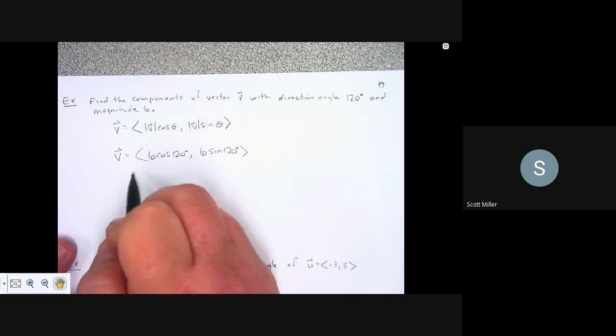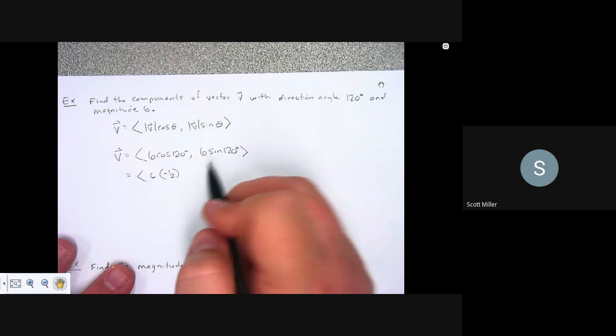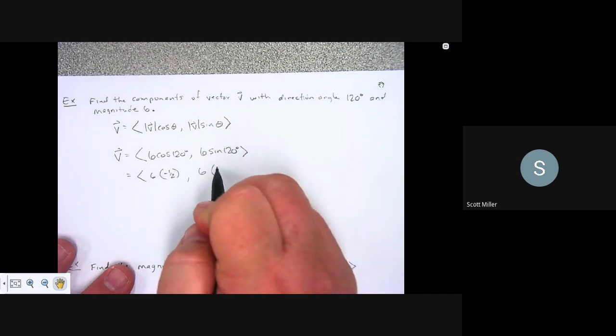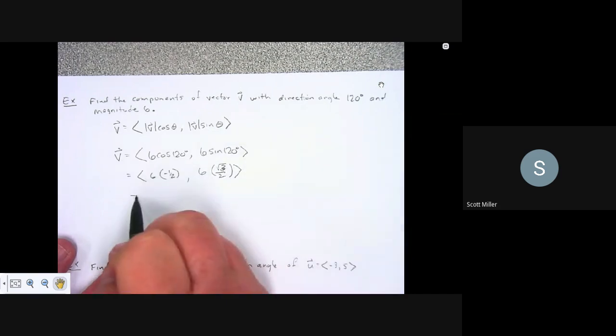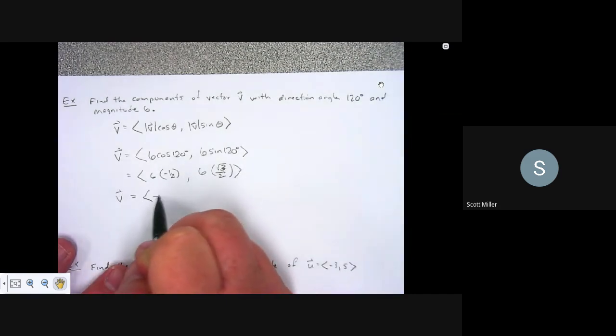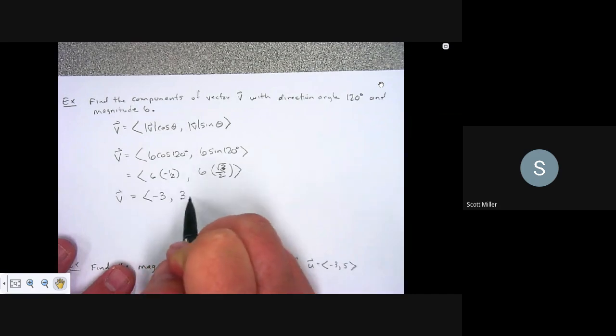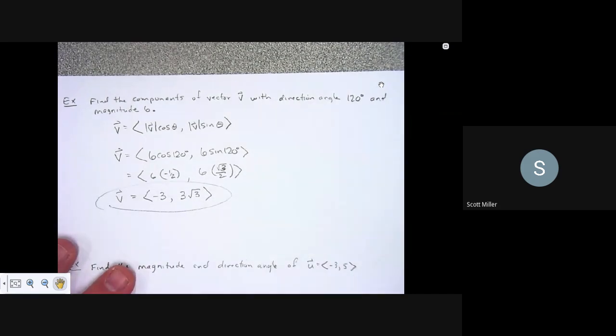Then we need to work those out. The cosine of 120 is negative 1/2. The sine of 120 is the square root of 3 over 2. Then we clean this up for a final form: ⟨-3, 3√3⟩. And that's how we do that.